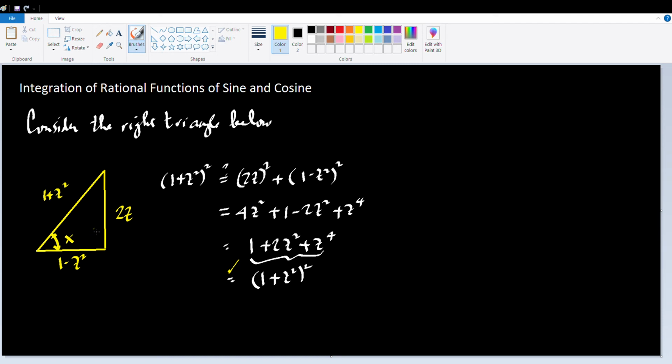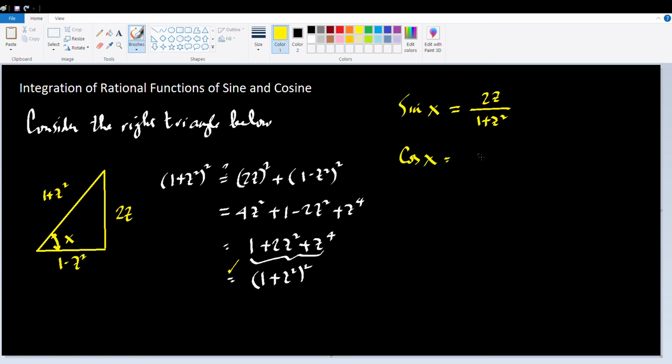Okay, so from this triangle, we can now define the trigonometric functions sine, cosine, and the other four of the angle x. So sine x is equal to the opposite side, 2z all over 1 plus z squared.